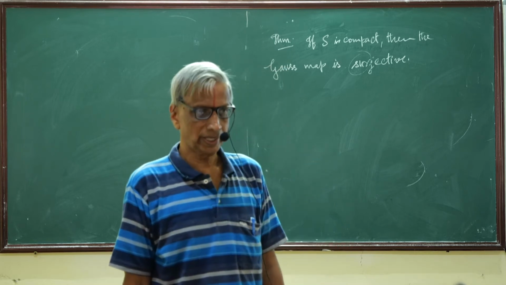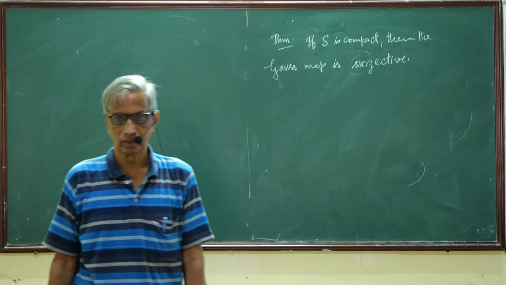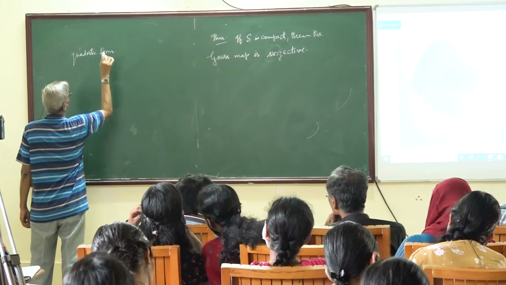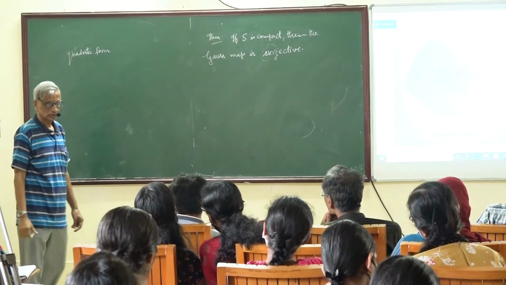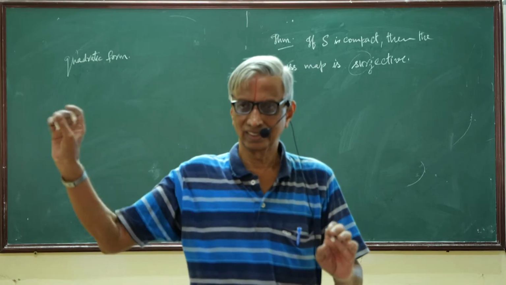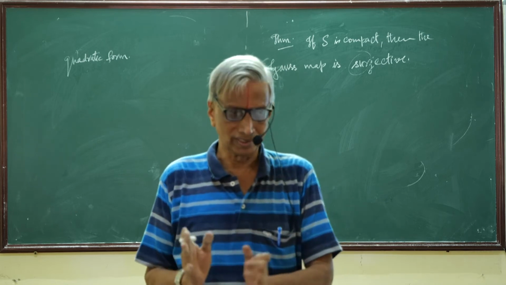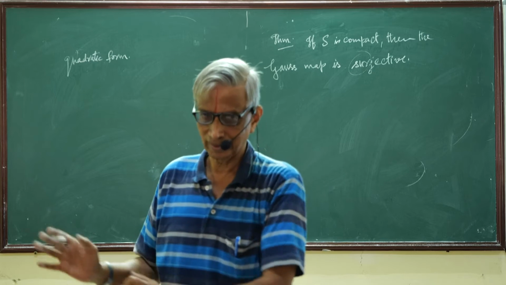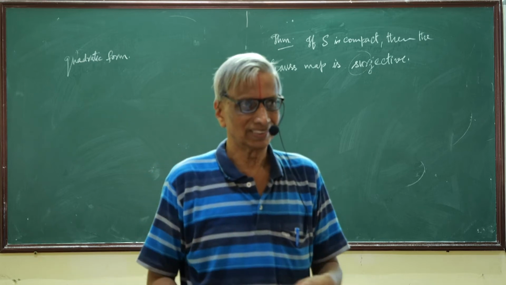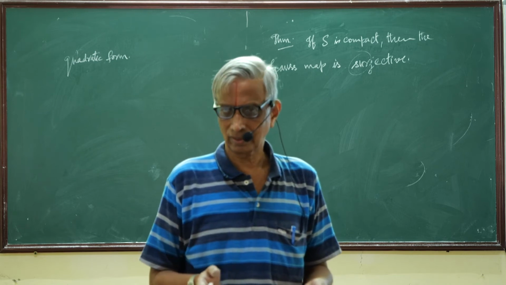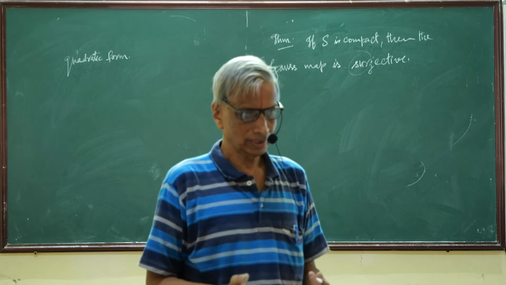So what is meant by a quadratic form? Classically, of course, it's in terms of square of something, square of something, plus. But what is it? So you have what are called bilinear forms, right?